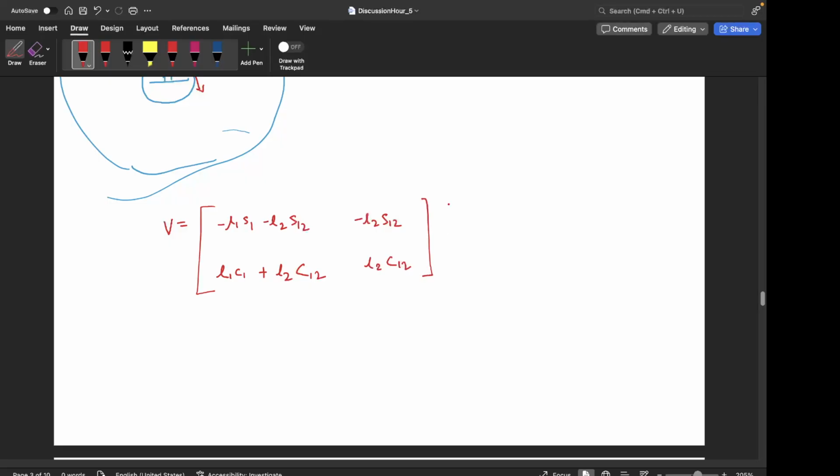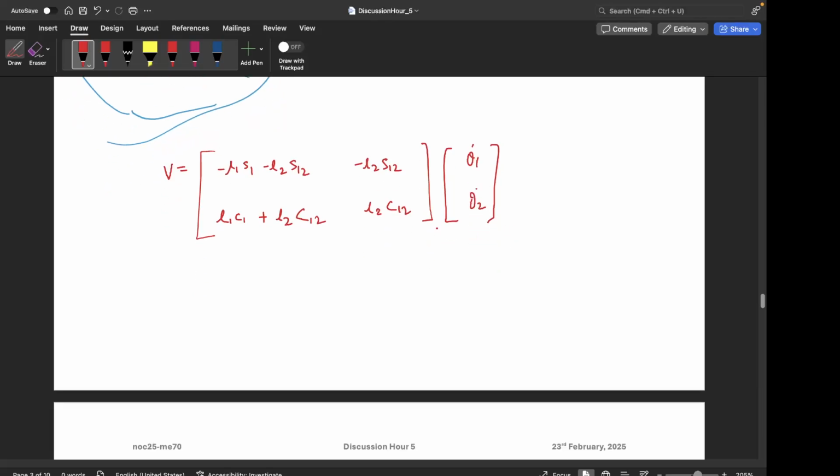For 2R you can easily memorize this Jacobian. Not to say that you should not know how to derive it, but since it will be used multiple times, you can memorize it.